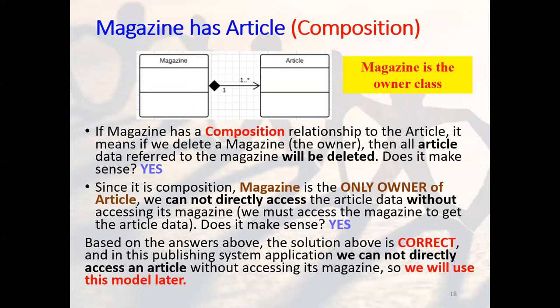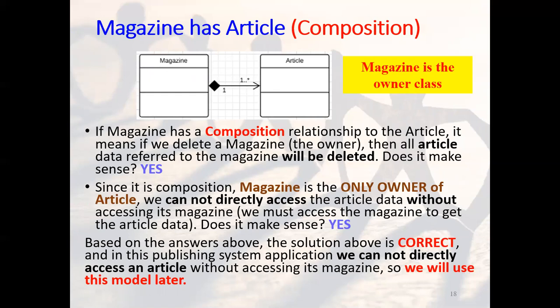Now, how about the relationship between magazine and article? Previously, it was between magazine and publisher. In here, magazine is said to have a composition relationship with articles.